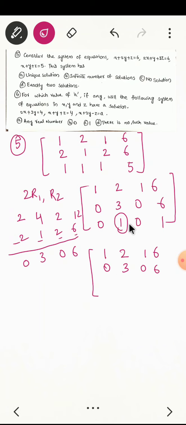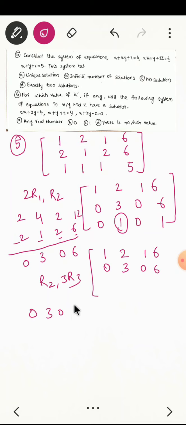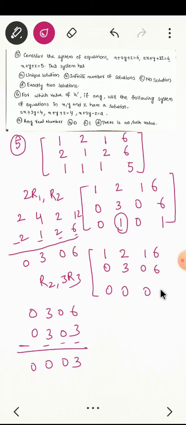So 3 times of this row I have to do: R2 comma 3 times R3. Do 0 3 0 6, then 0 3 0 3, then minus minus minus minus: 0, 0, 0, 6 minus 3 is 3. So 0 0 0 3.